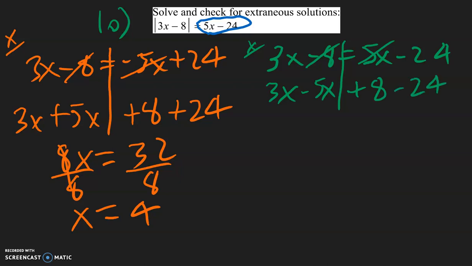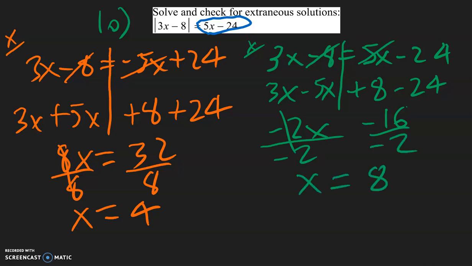Now 3x minus 5x is negative 2x. 8 minus 24 is equal to negative 16. Yes, it's correct. Okay, and then we want to get rid of the negative 2, which is right next to the x, so we divide by negative 2 on both sides, and we have x is equal to 8.